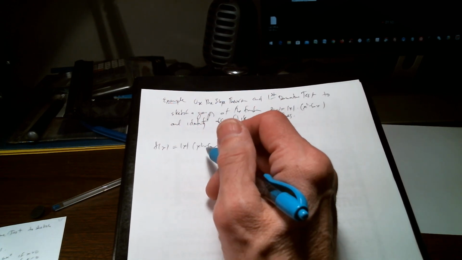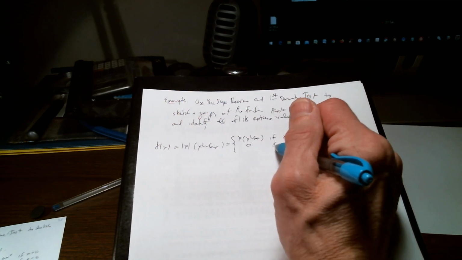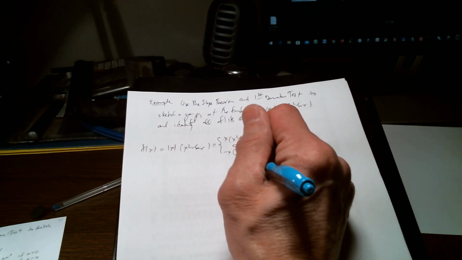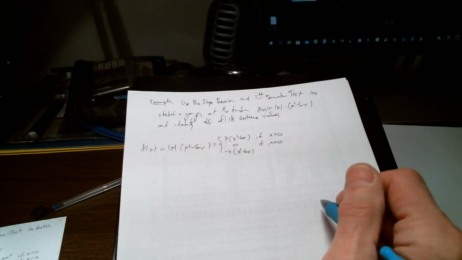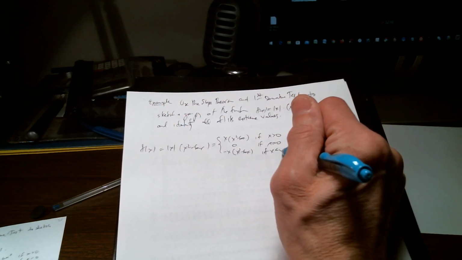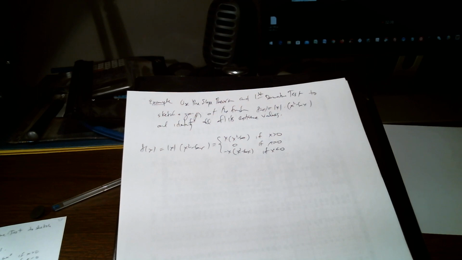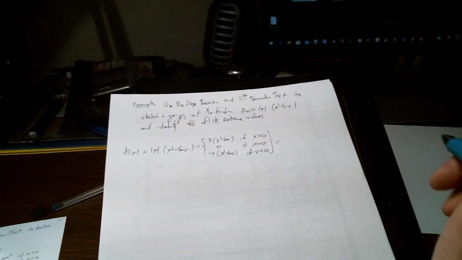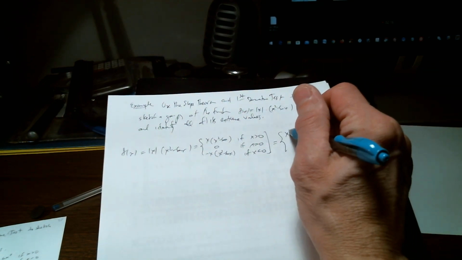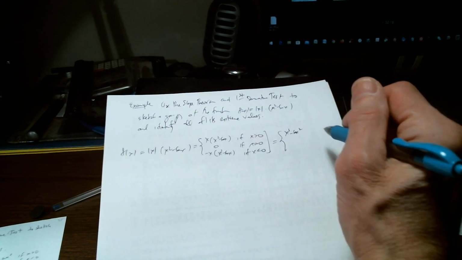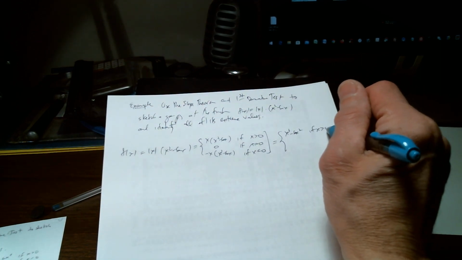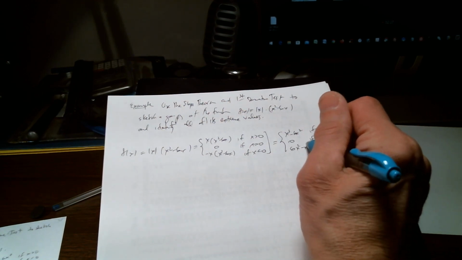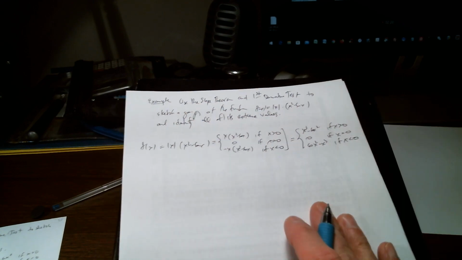The product, of course, would be 0 if x is 0, and it would be negative x times x squared minus 6x if x were negative. Okay, and so you could see that this would simplify to the formula x cubed minus 6x squared if x is positive, it's 0 if x equals 0, and it's 6x squared minus x cubed in case x were negative.